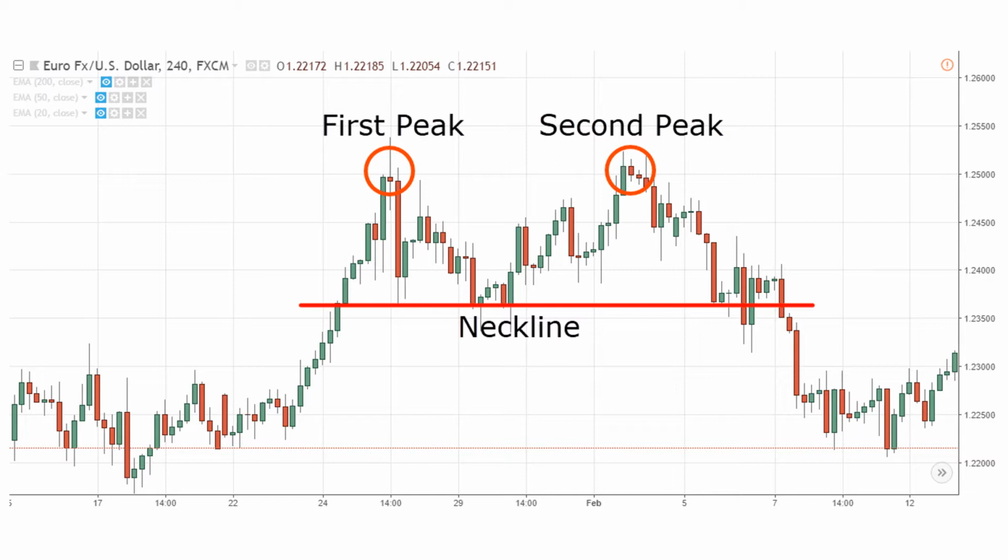I would like to add though, that by waiting for a breakout of this neckline, you reduce the risk of the trade, but you also reduce the amount of profit you can potentially make from the trade.